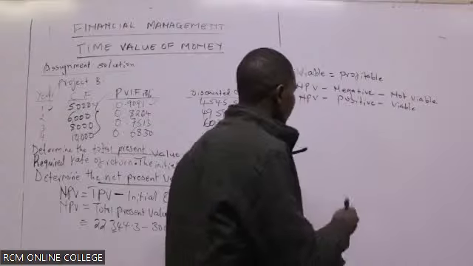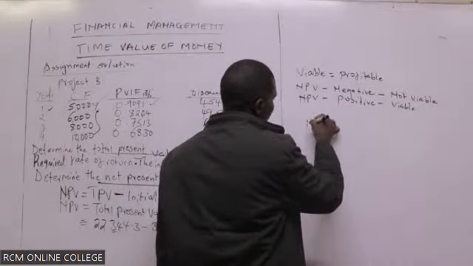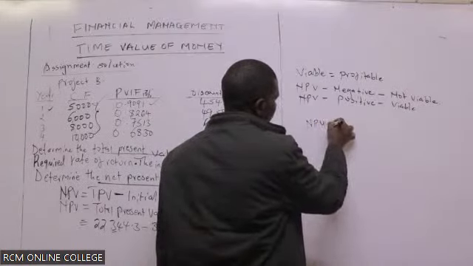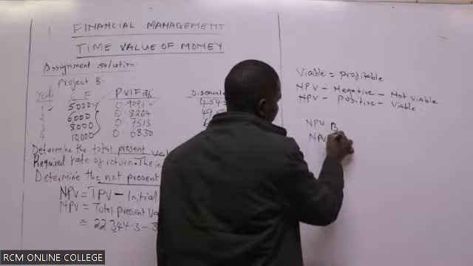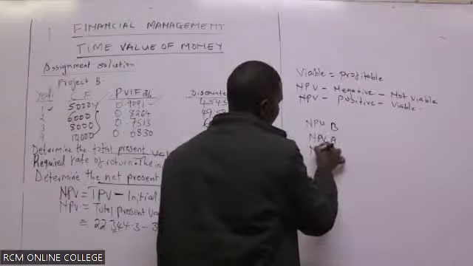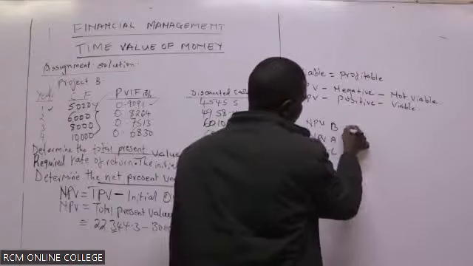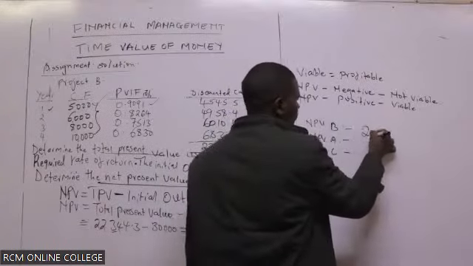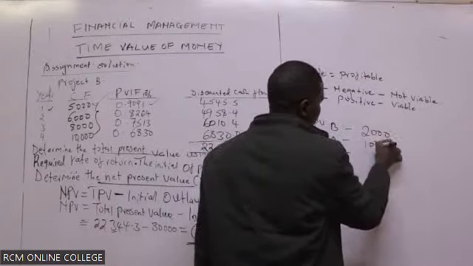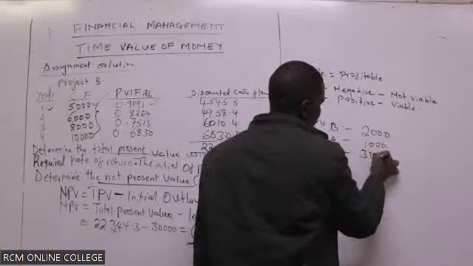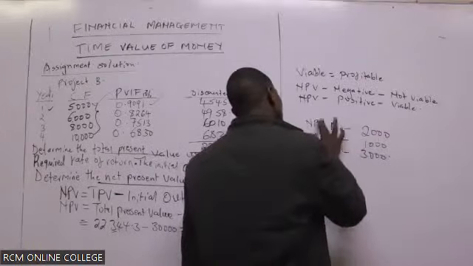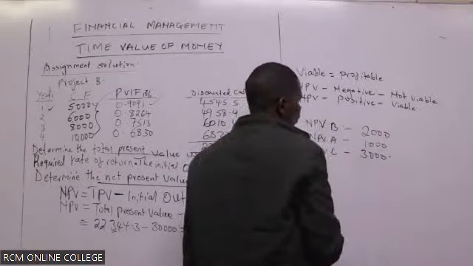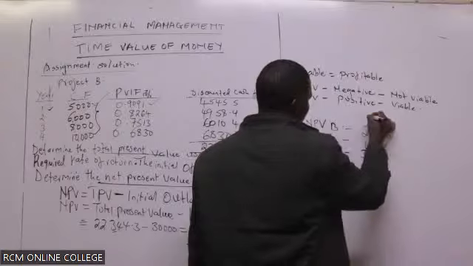Now, I want your input here. NPV of project B, NPV of project A, NPV of project C. These are the NPV of each project, and these are shillings in million.